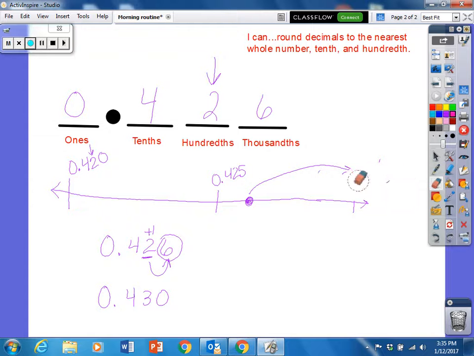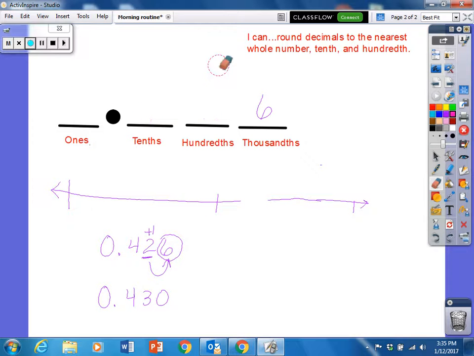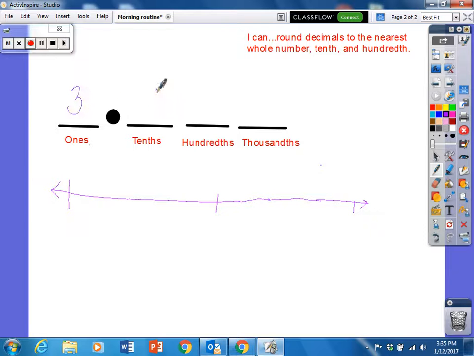We will do one more rounding example, and this time we're going to round to the nearest whole number, or the ones place. So we're going to do 3 and 216 thousandths. So my whole number is, again, my ones place.